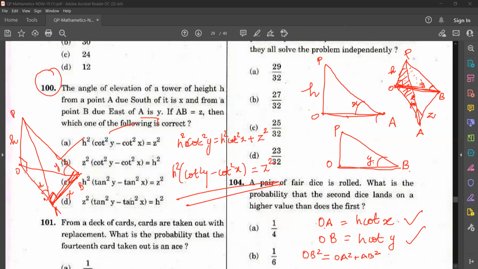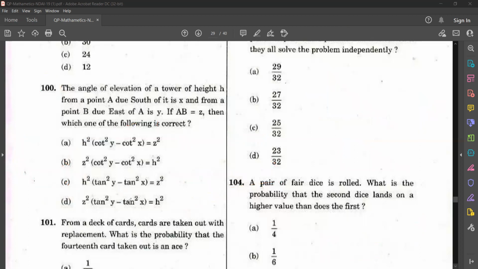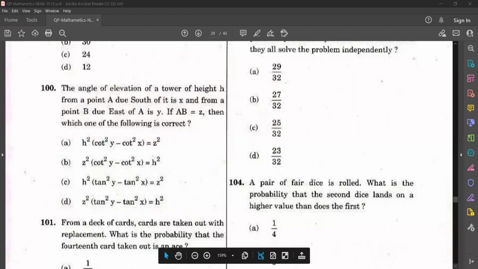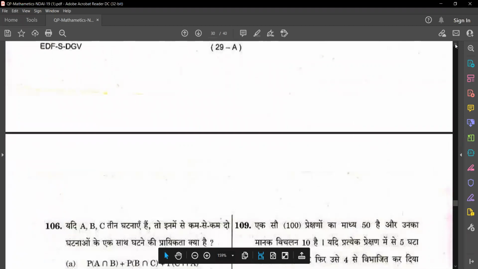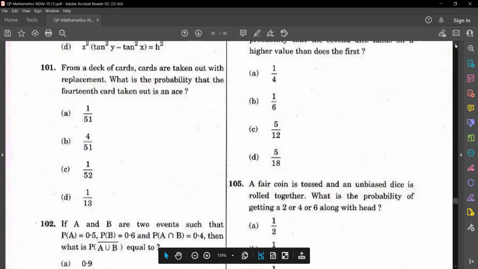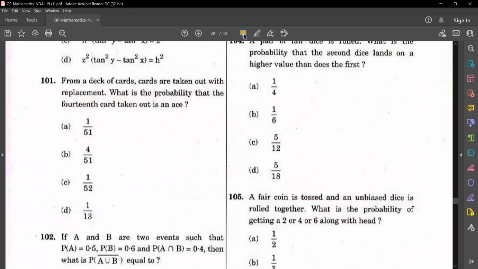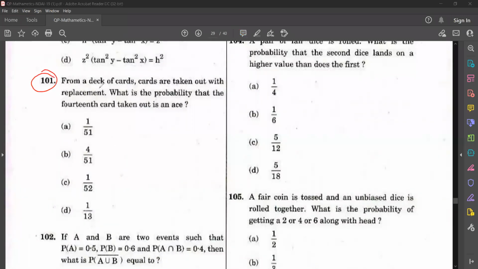Okay, so let's go to the next question. Question number 101. From a deck of cards, cards are taken out with replacement. What is the probability that the 14th card taken out is an ace?